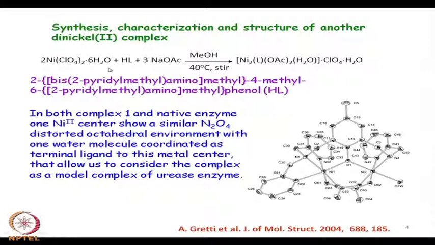So, it is very simple to make it also, because if you have at least 2 substitutions on the phenol units at the 2 position and the 6 positions. So, this is the whole name of this ligand based on phenol, and you have the ligand and a very simple salt, any salt from your periodic table you can have.